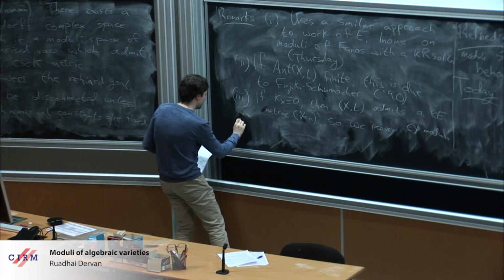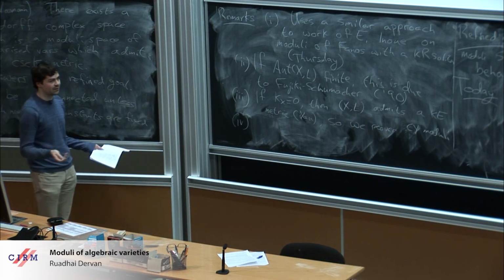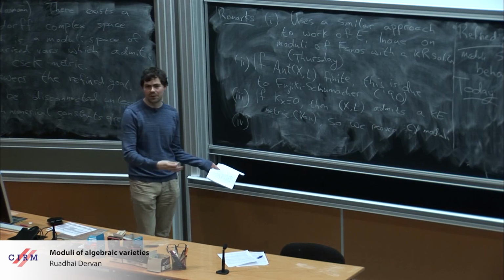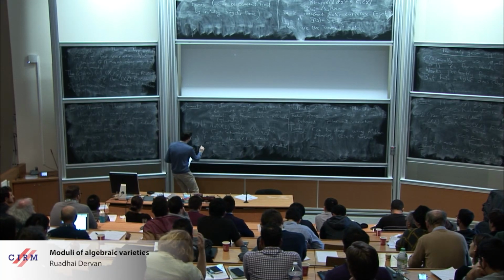And the last thing I want to point out is that this whole story works for non-projective Kähler manifolds. Just notationally, it's a bit more complicated, and I think people are probably more familiar with the polarized, the projective case, but everything goes through.